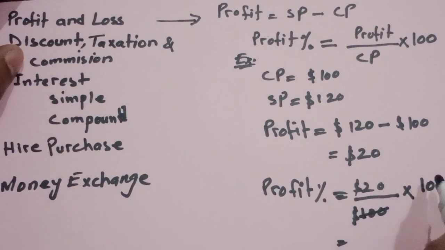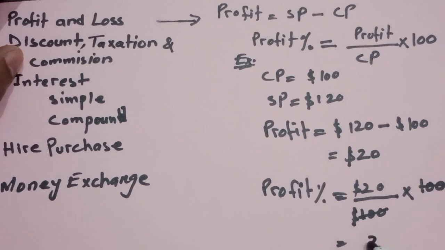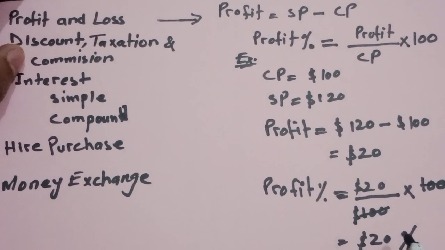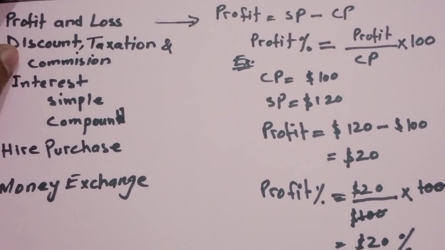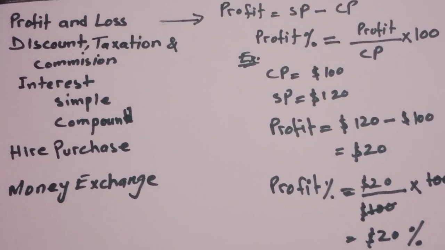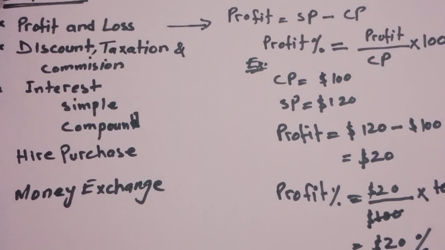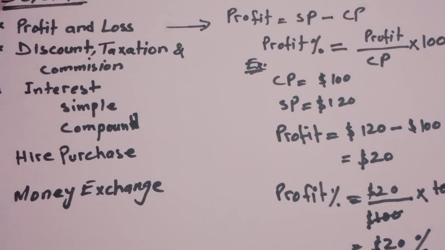This 100 cancels with 100, so we are left with 20. The profit percentage is 20% for that particular object. This is how we talk about the amount of profit or the profit percentage.